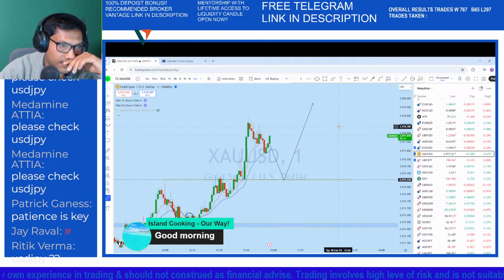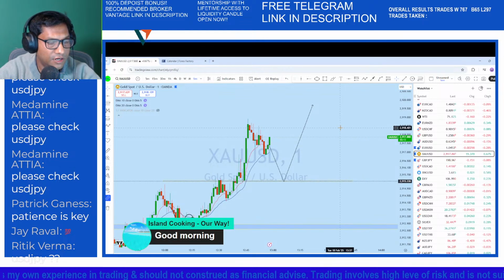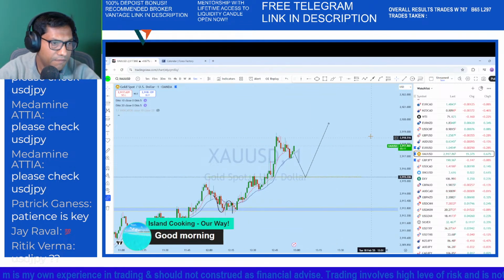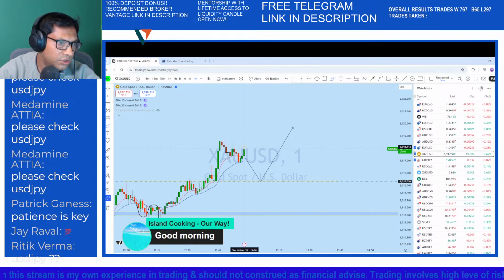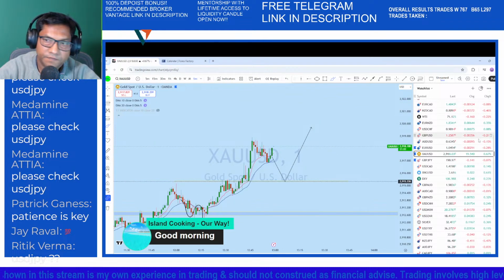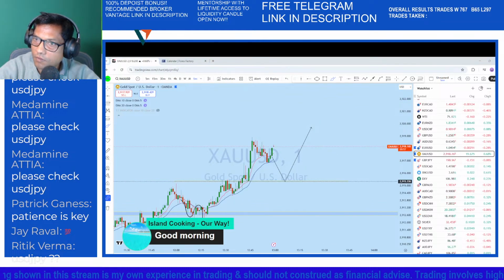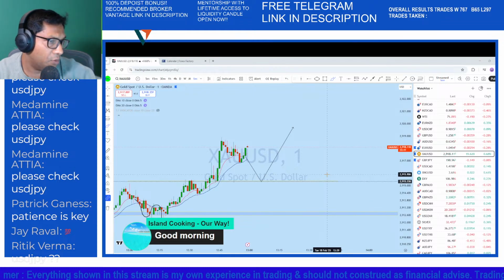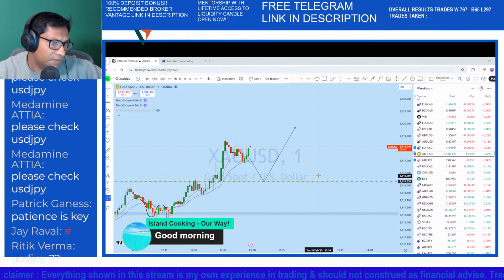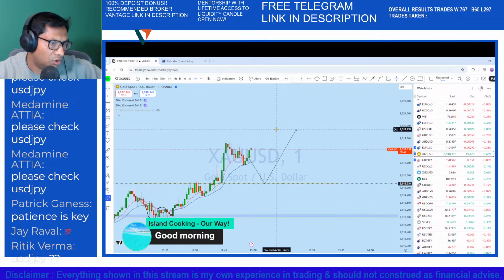So we see that after the break of this support level, the market is slowly returning back up. And as it is an important support, we could see that potential bounce again. There's a gap open again, and that gap open has given this market a very strong momentum here.